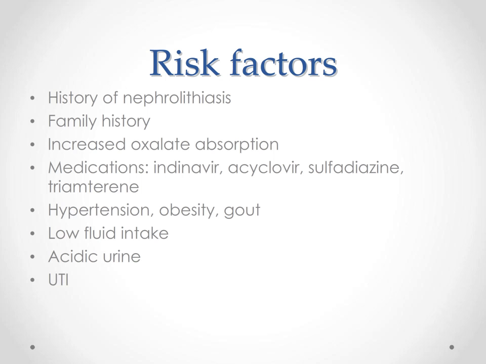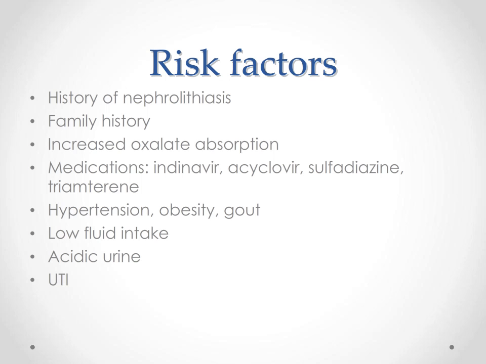Hypertension, obesity, and gout all can lead to renal stones. Hypertension can cause an increase in calcium secretion. Gout, increased uric acid secretion. Low fluid intake just makes a higher concentration of the urine and makes the urine more likely to crystallize.